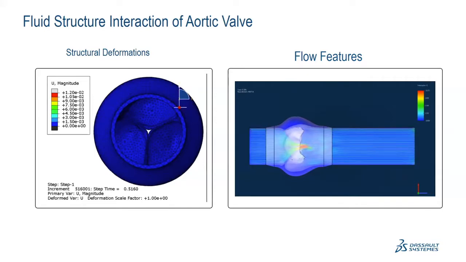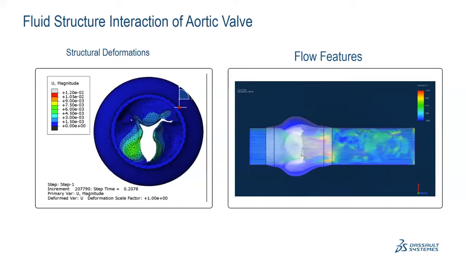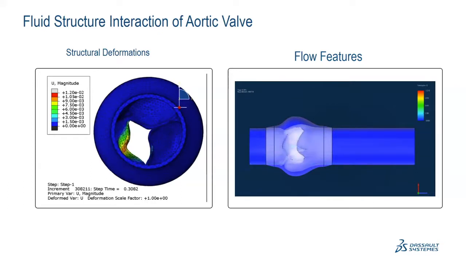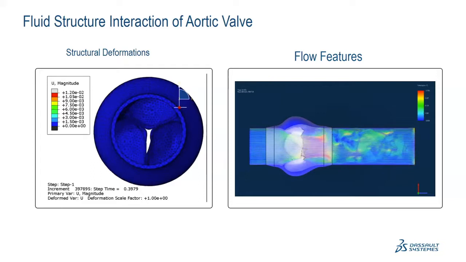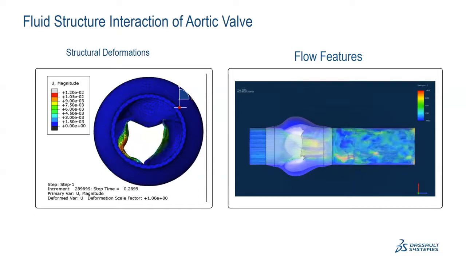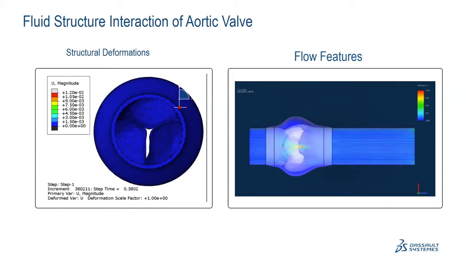But normal CFD solutions, most of the time, if they don't have FSI capability, the mesh for the solid will always be treated as stationary. So you won't see moving parts with the flow. But in the medical industry, like this aortic valve or many other applications or devices, it has to move along with or try to drive the fluid. So that's why FSI is really important in the medical industry.